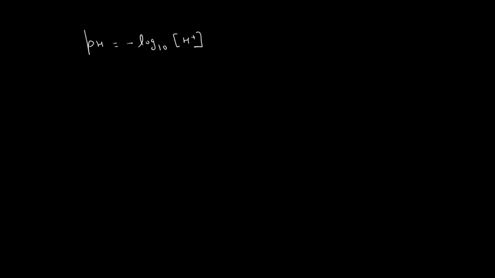If we plot H+ ion concentration against pH, suppose the y-axis is H+ ion concentration and the x-axis is pH, this is going to be a logarithmic decay curve like this. So this is how the pH will change.